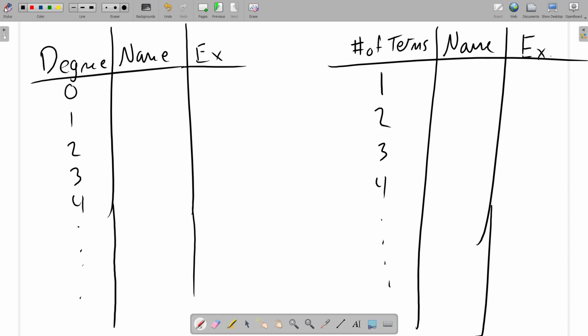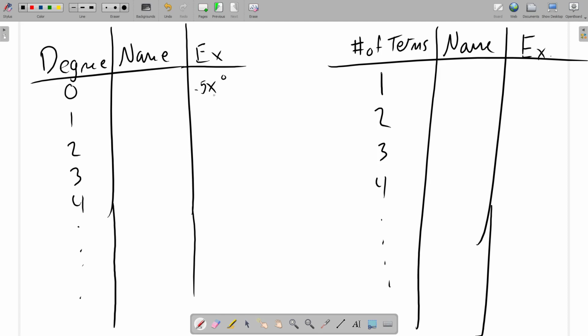So if the degree of a polynomial is 0, what do we have? What could you have with a degree of 0? Well, we could have x to the 0. There could be some number in front of it, like a negative 5. But it's always going to have to be x to 0.